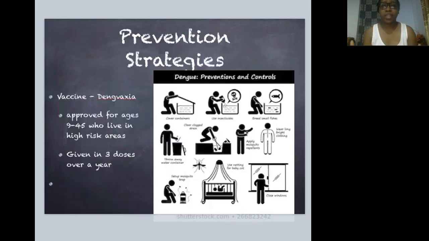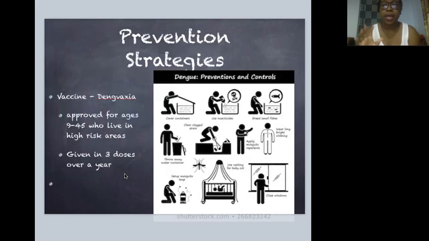But the best preventative strategies for dengue fever is shown in this little schematic here. You need to always cover your containers or use insecticides in stagnant water, or even put little fishes in stagnant water.